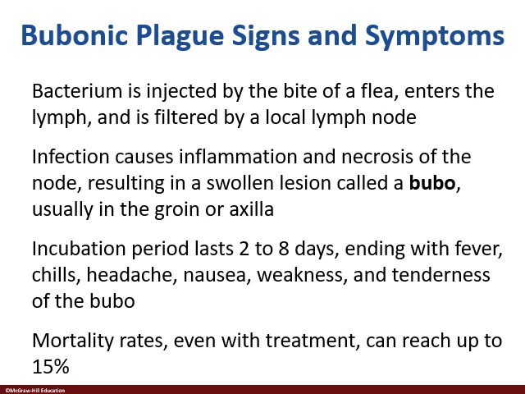Mortality rates in the modern world, even with treatment, depending upon where you're at in the world and what treatments can be offered, 15% mortality rate. Okay, that is still scary high.